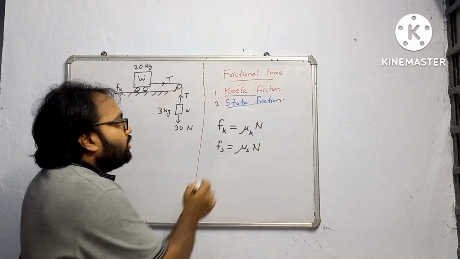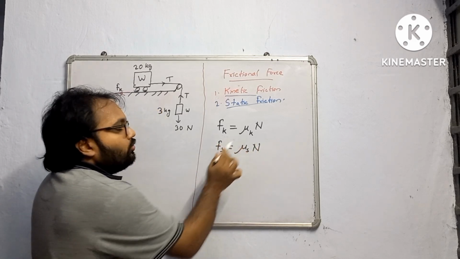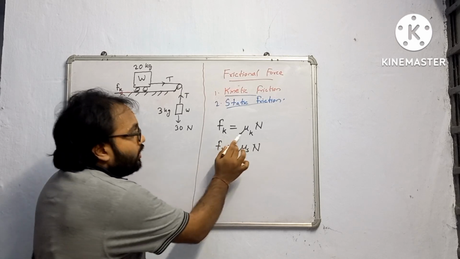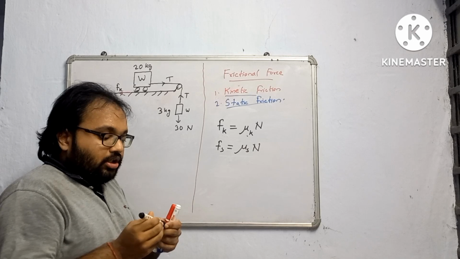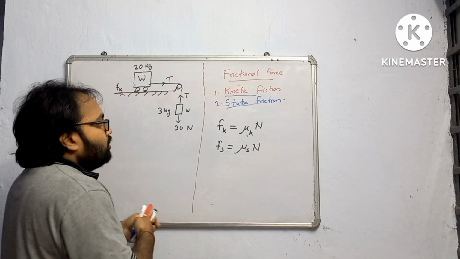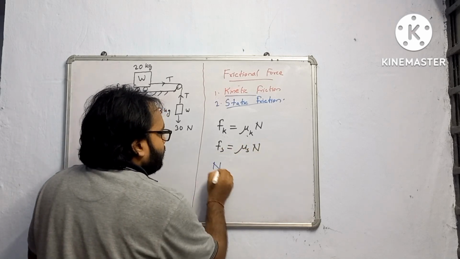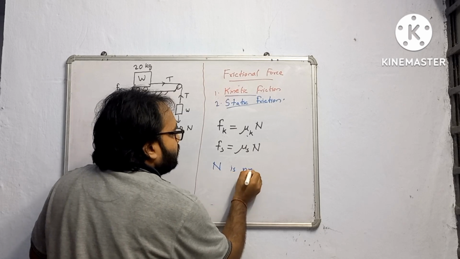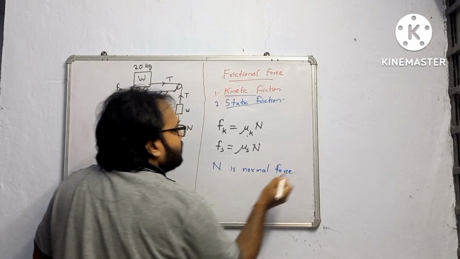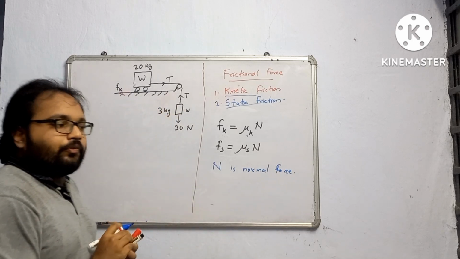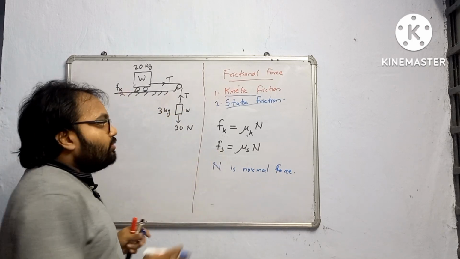What is its meaning? Kinetic friction is equal to mu k, the coefficient of kinetic friction, multiplied by the normal force on the object. N here is the normal force, or force by the surface on the object.